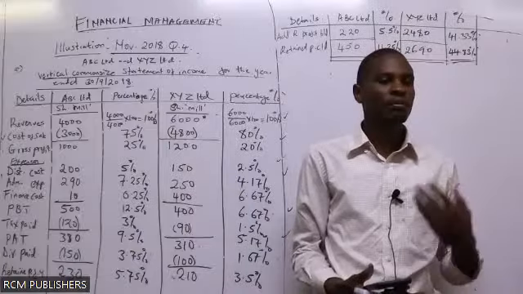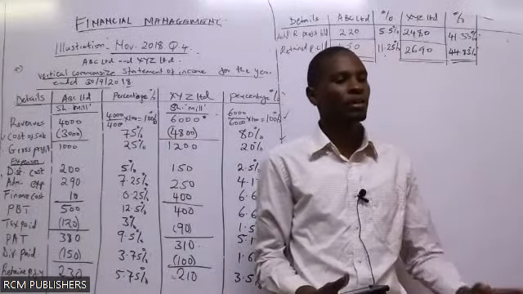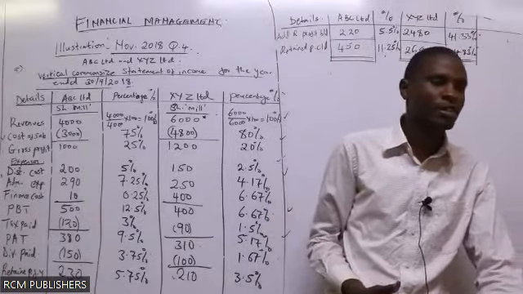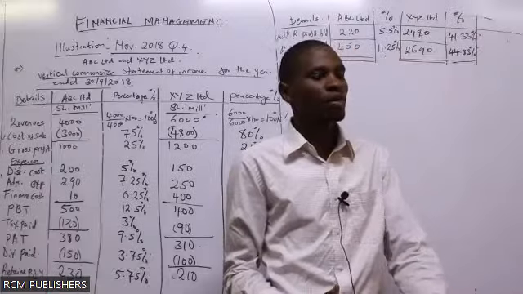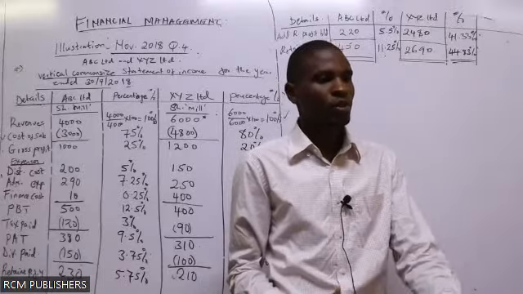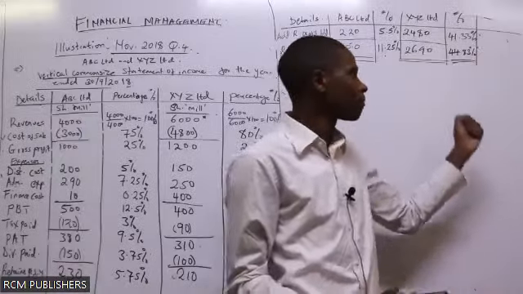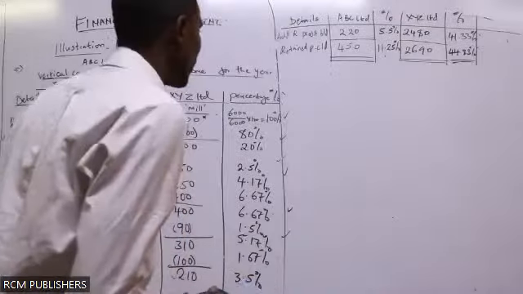Which company performed well during the year of 2018, comparing XYZ and ABC? Of course, company XYZ performed well compared to company ABC, depending on the profit generated at the end.